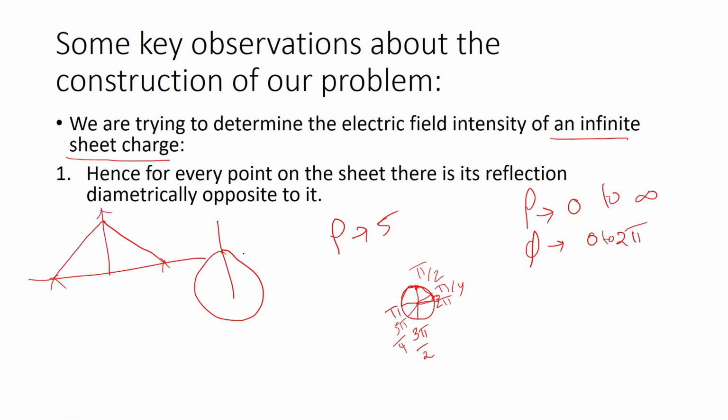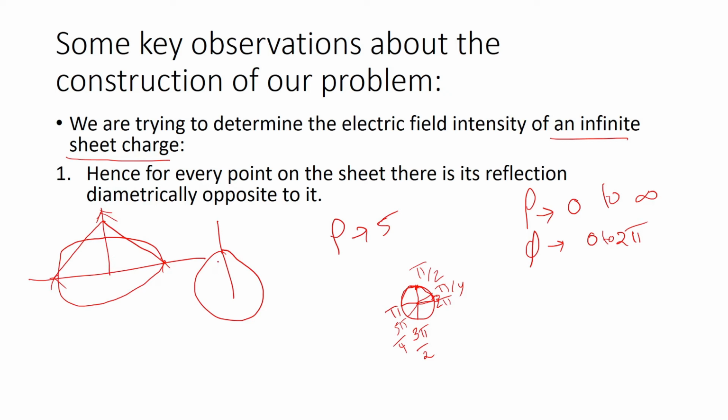That is only along the z-axis. Now what I am telling you is, you draw a circle. Because of this circle, the net electric field intensity would be along only z-axis.